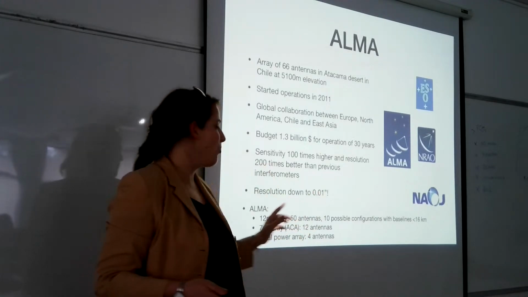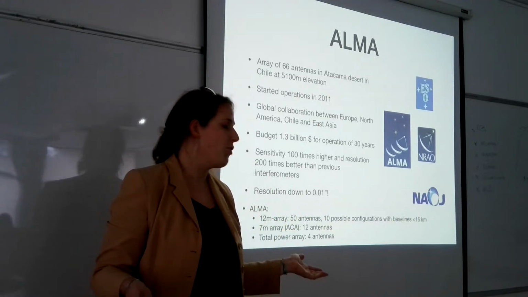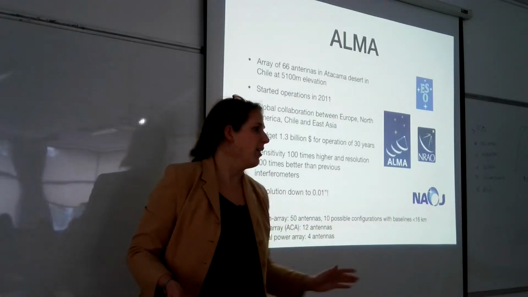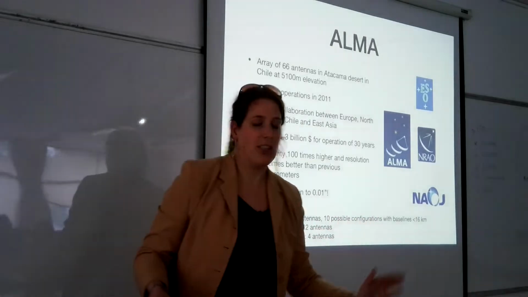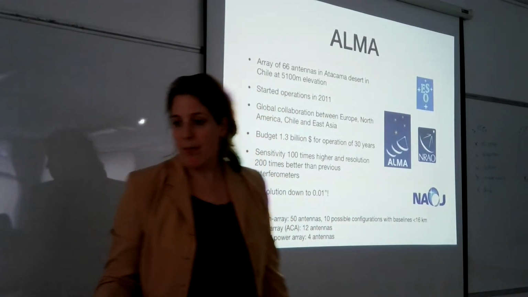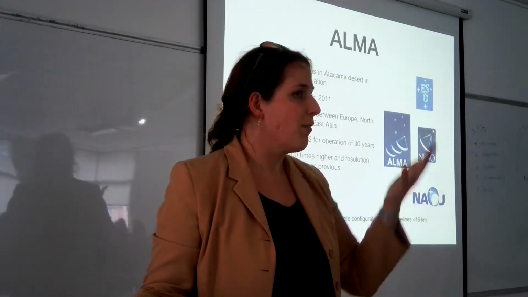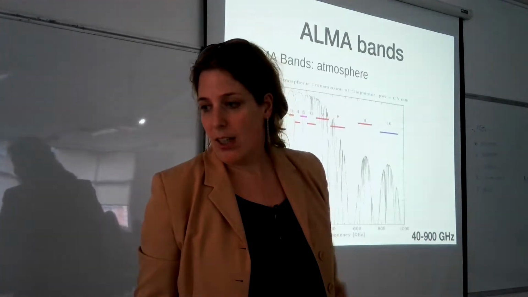In protoplanetary disks, we only use the 12-meter array because that's the one that gives us enough resolution. I'm not really going to talk about the compact array. Honestly, I've never used it. I don't know all the details of it. The compact array is for observing larger scale structures, like for example molecular clouds.